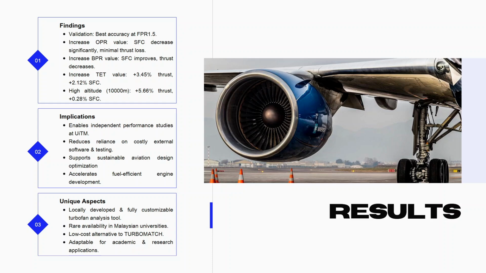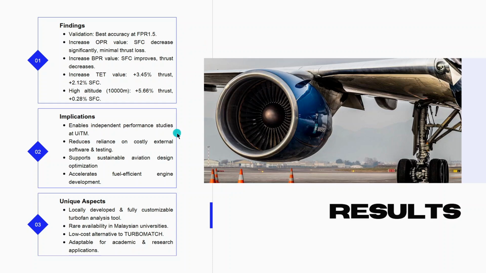Number 3, increasing TET increased thrust by 3.54% with only a 2.12% rise in SFC. And number 4, at high altitudes, thrust increased by 5.66%, while SFC rose just 0.28% at 10,000 meters, showing better efficiency in thinner air or higher altitudes.